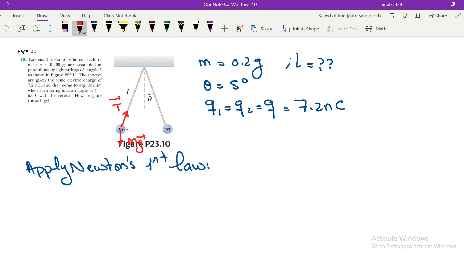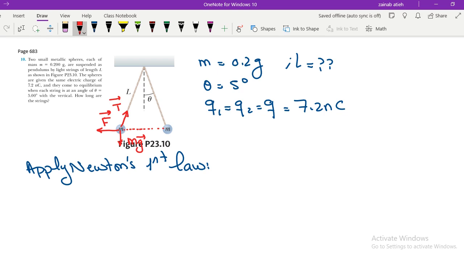I look at the line joining the two spheres. Either the force will be attractive or repulsive. Here I have a repulsive force, I draw it on the same line, away from the second sphere. So this F is the F from Coulomb's law, which is K absolute Q1 Q2 over a distance squared as a magnitude.